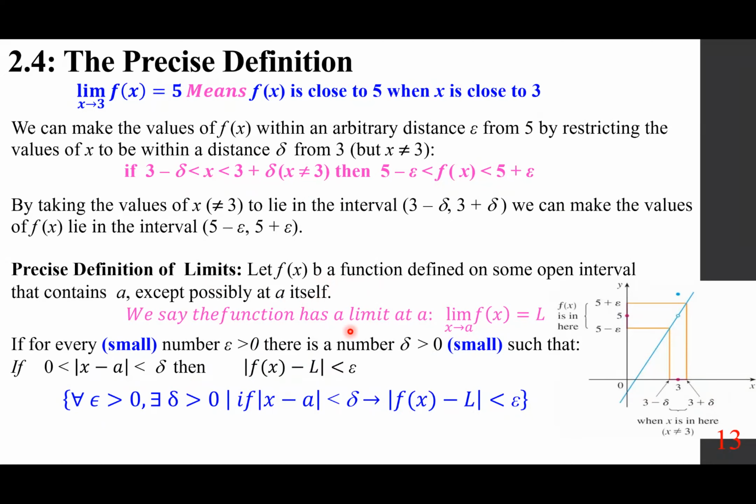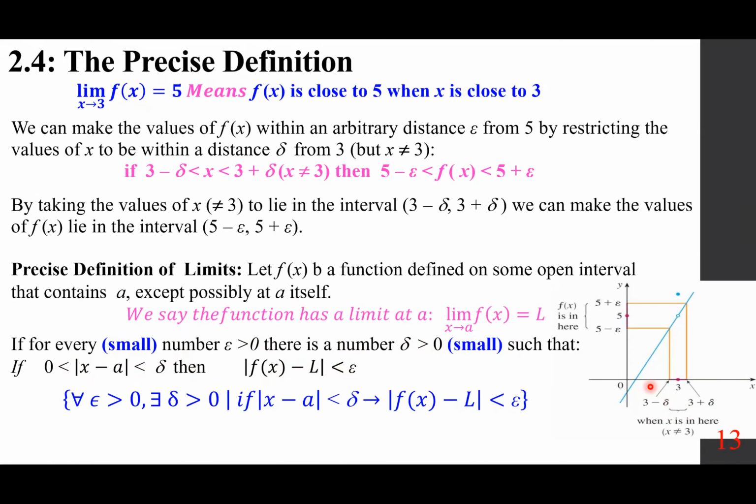We say the function has a limit at a, and the limit of f of x as x approaches a is L, if for every small number epsilon, for any epsilon that is positive but it's small, there is a number delta, again, positive but small, such that if the absolute value of x minus a is between 0 and delta, remember it's positive, then absolute value of f of x minus L is less than epsilon. However, we want to choose that number as small as we want to choose it.